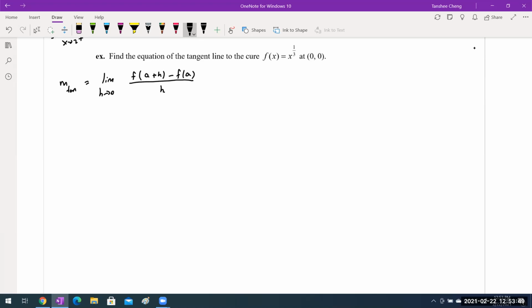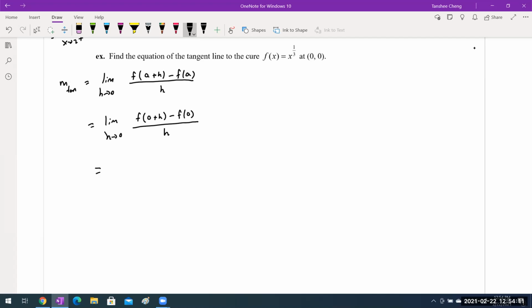So clearly, from the previous formula when I wrote it out, I already found my a is 0. So therefore, in this case, that is basically talking about the limit as h approaches 0 of f of 0 plus h minus f of 0 all over h. So that's basically what's going to happen.